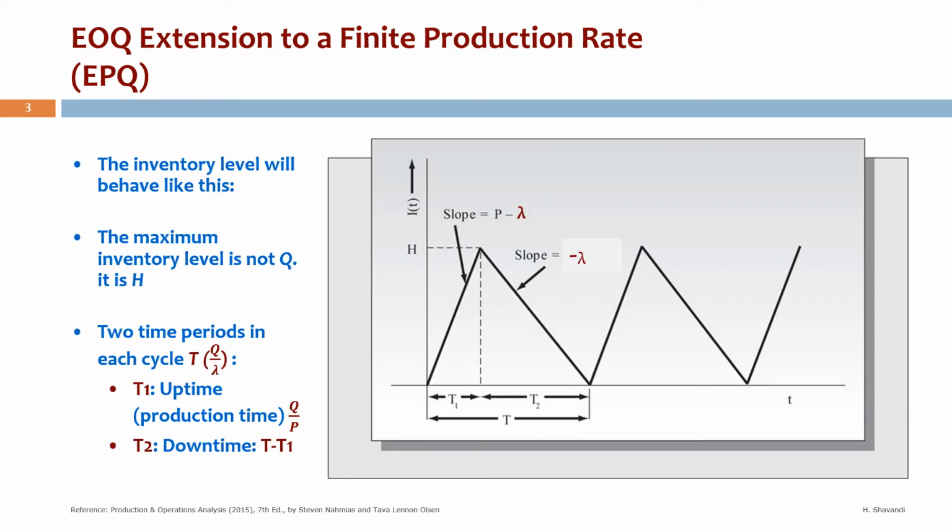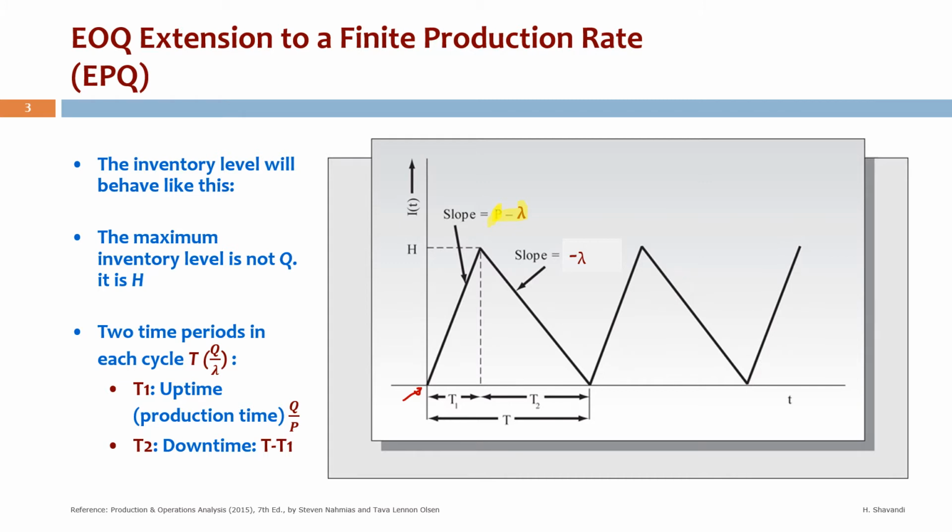So this is the inventory level for the case of EPQ. Let's say we place our order, and the production rate is P, so it takes a while to produce the Q units. In the meantime, we have demand as well, right? We are receiving items into our inventory at the rate of P, and meanwhile we are selling our goods at the rate of lambda.